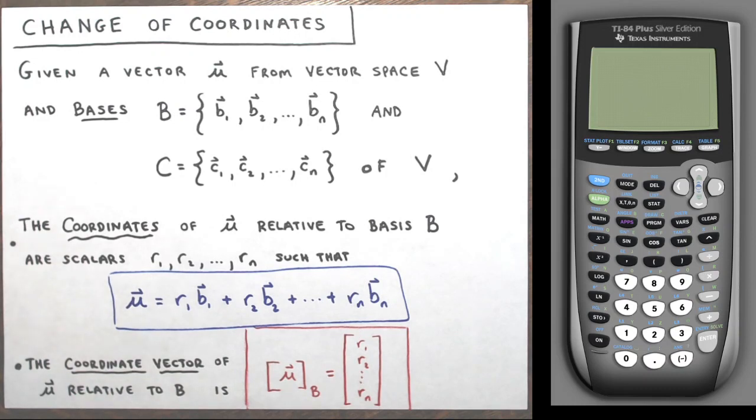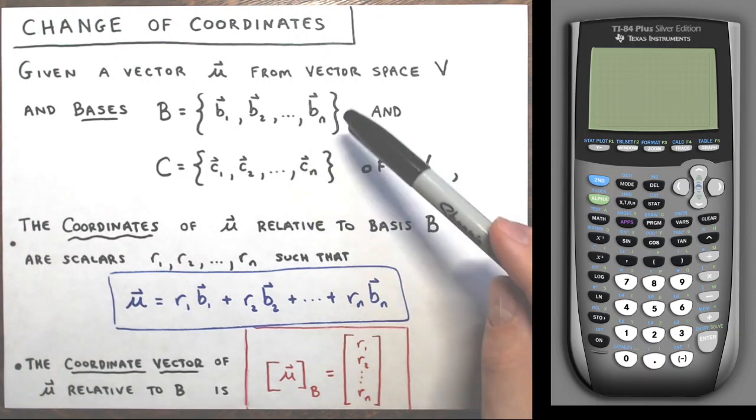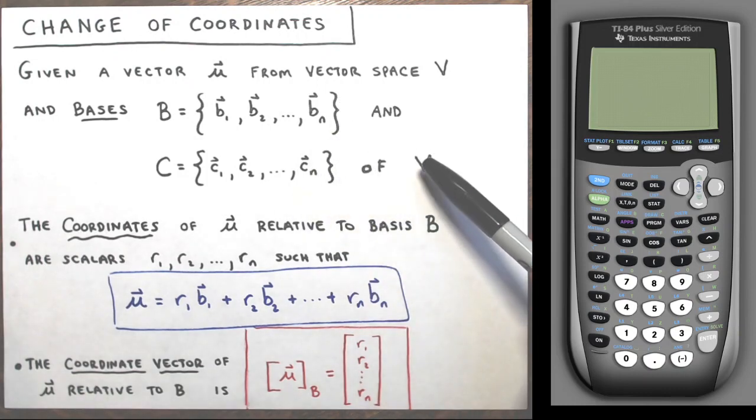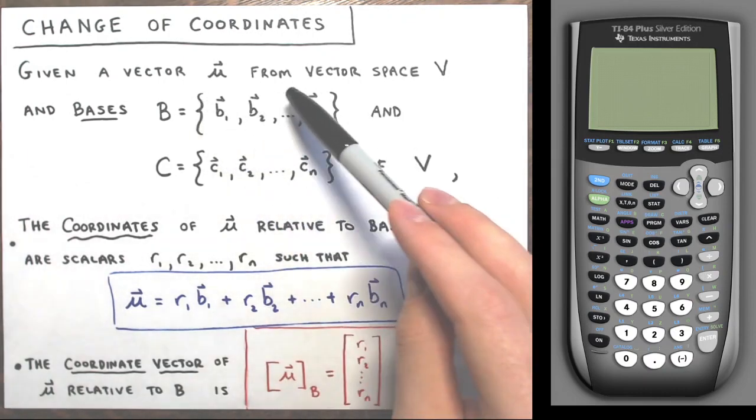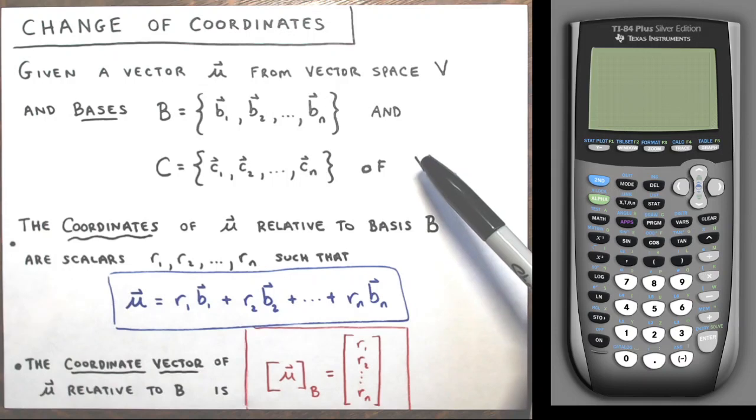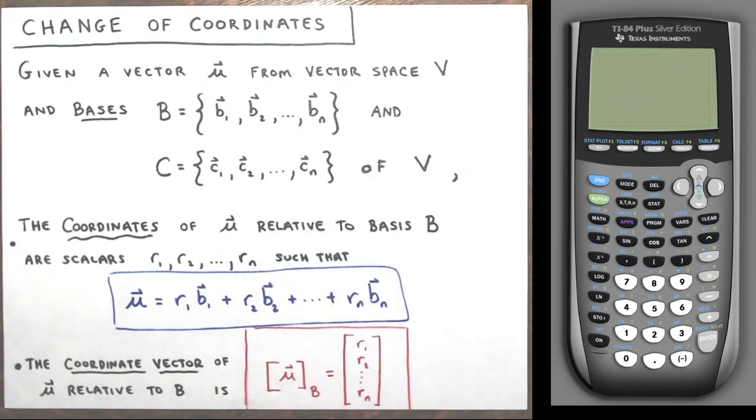If both of these are bases for V, that means that any vector in V can be written as a linear combination of the vectors in B or the vectors in C. So that's where we get to the coordinates of a vector relative to a certain basis.